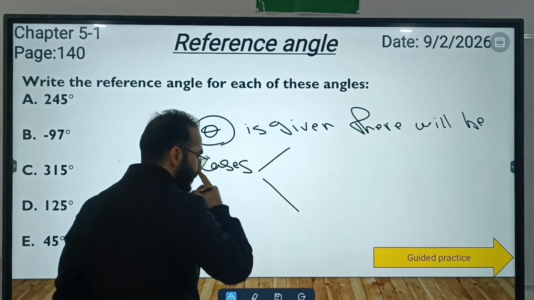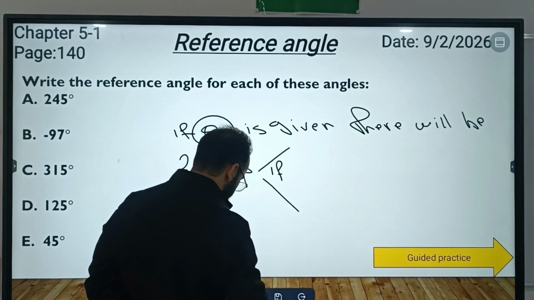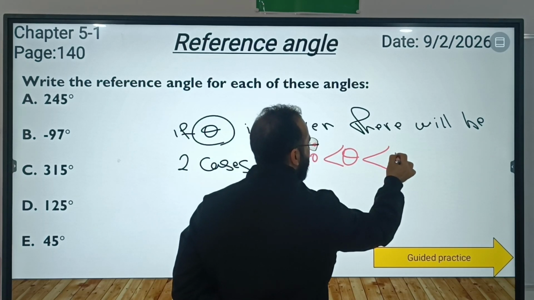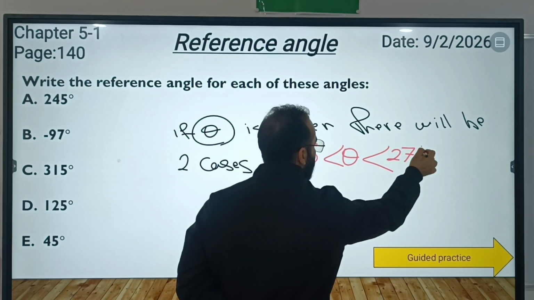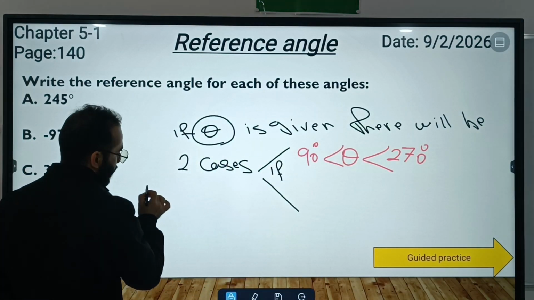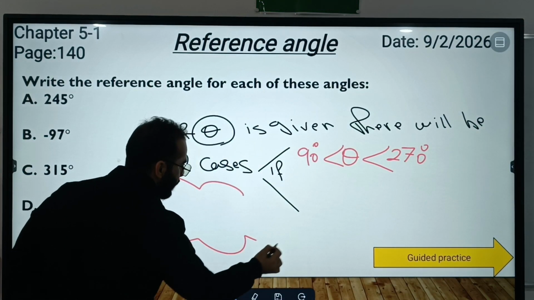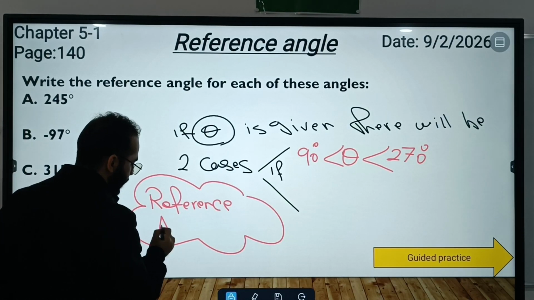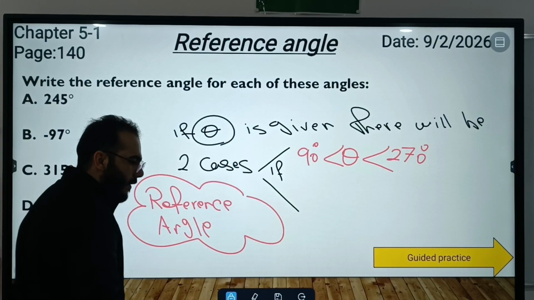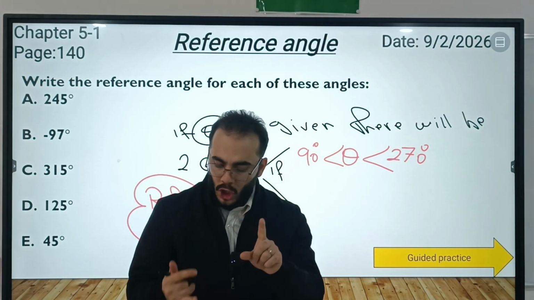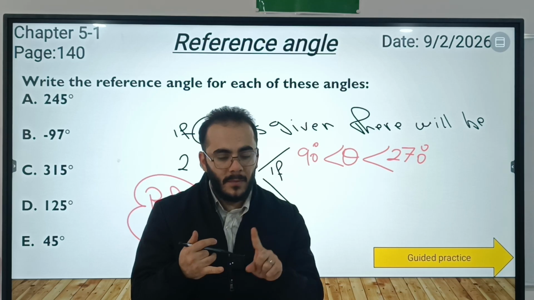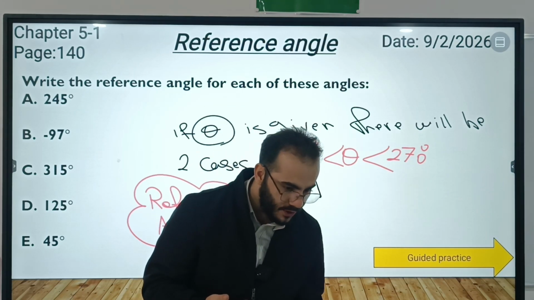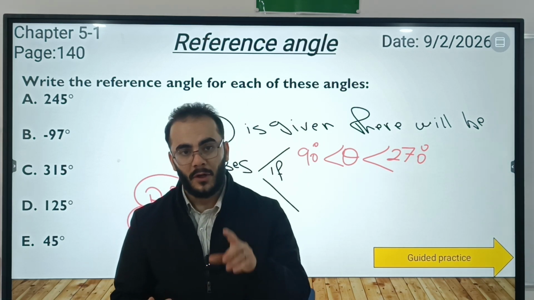First one, if theta was between 90 degrees and 270 degrees. Remember? So we are just going to define what? Reference angle. Reference angle has two conditions. It should be acute. At the same time, the measure of it should be positive. So it should be acute and it should be positive. Keep this one in your mind.